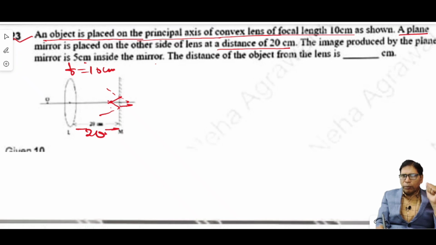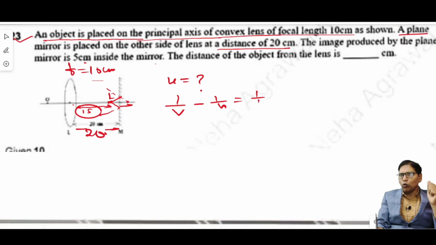If this is 5 centimeter, so this also 5 centimeter. So this image is formed by the convex lens. Now this is 15 centimeter from the convex lens. Now focal length 10 centimeter, image distance 15 centimeter. So object distance u equals question mark. Therefore 1 by v minus 1 by u equals 1 by f.